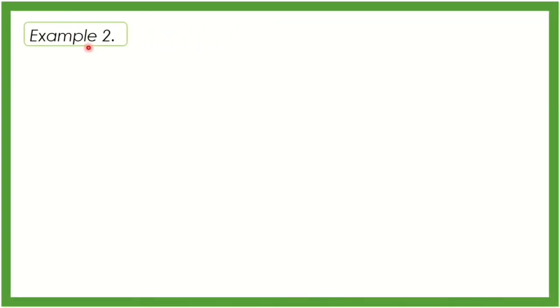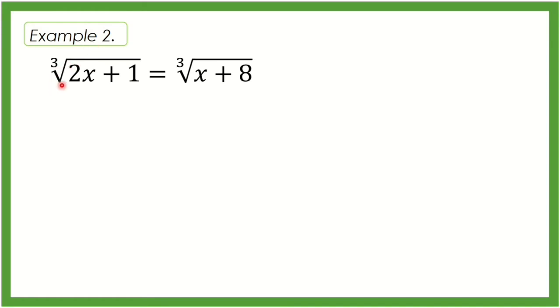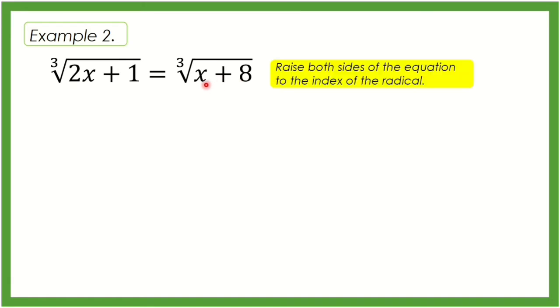Let's have example 2. Cube root of 2x plus 1 equals cube root of x plus 8. Since magkahiwalay na or naka-isolate na yung ating mga radical terms, proceed na tayo sa raising both sides of the equation to the index of the radical. Ang ating index ay 3, kaya i-raise natin both sides by 3.